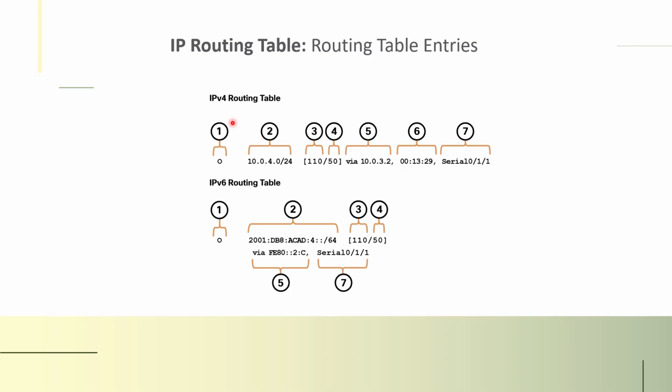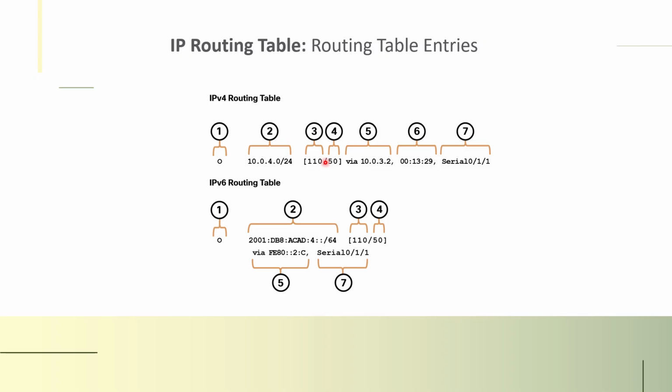And we have the destination network address, which shows the network ID for the route, followed by the subnet mask. Then we have the administrative distance, which is a measure of route trustworthiness used to break ties between different sources, and the metric, a cost value which indicates how good this route is.